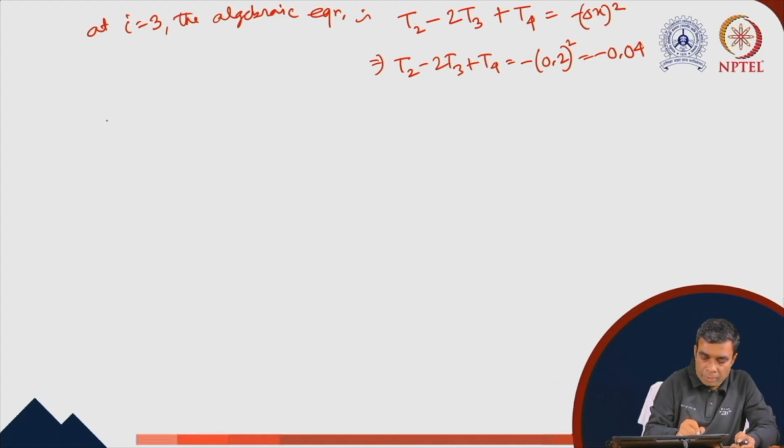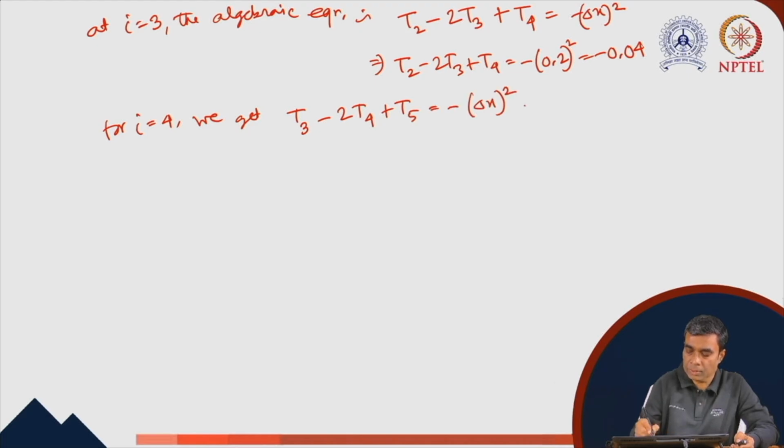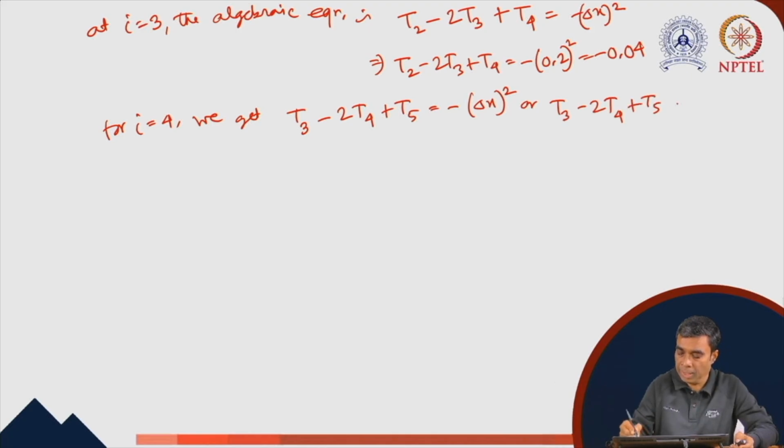Similarly, for I equals to 4, we have T(i-1), T3 minus 2T4 plus T(i+1), means T5, equals to minus delta x whole square, or T3 minus 2T4 plus T5 equals to minus 0.04.